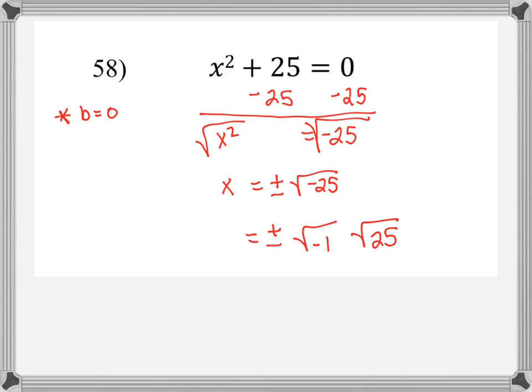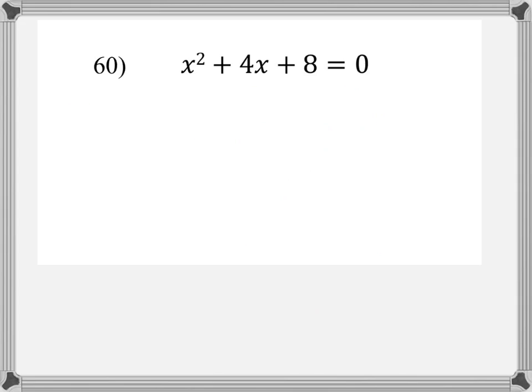And the square root of negative 1 is equal to i. So this can simplify to plus or minus i times the square root of 25. What is the square root of 25? 5. So this becomes plus or minus 5i. Those are my two solutions.